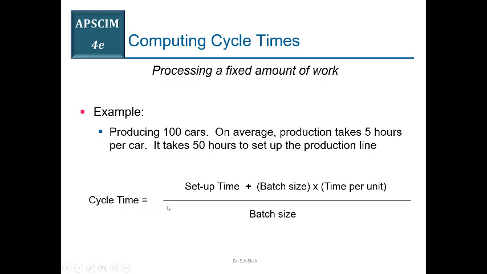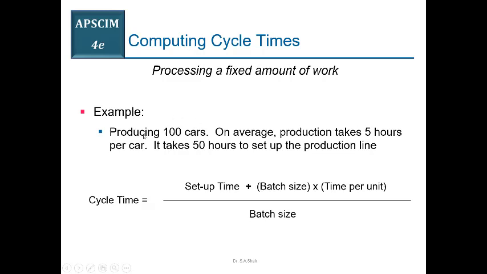So it is simple. Cycle time is normally calculated as the batch size into time divided by that particular batch size. So it is the average cycle time. And if the setup time is given, you will have to add that also to the formula.